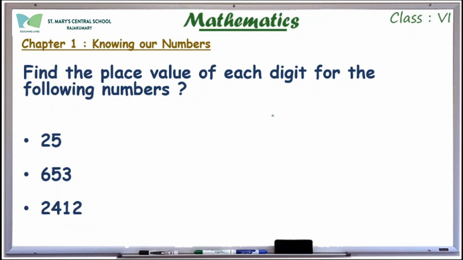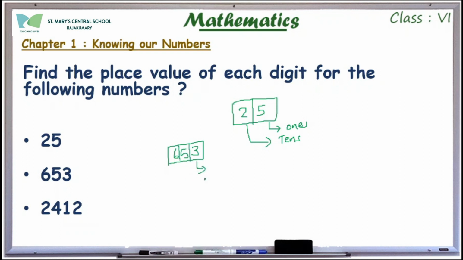Suppose in the case of 25, 5 is at the place of ones, 2 is at the place of tens. And in the case of 653, 3 is at the place of ones, 5 is at the place of tens, and 6 is at the place of hundreds.